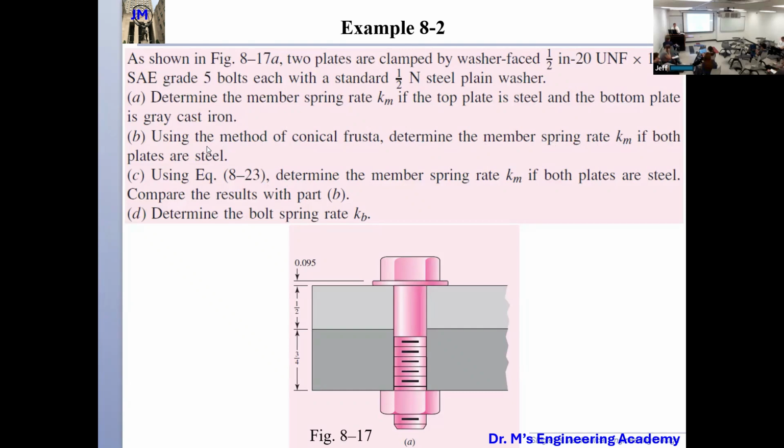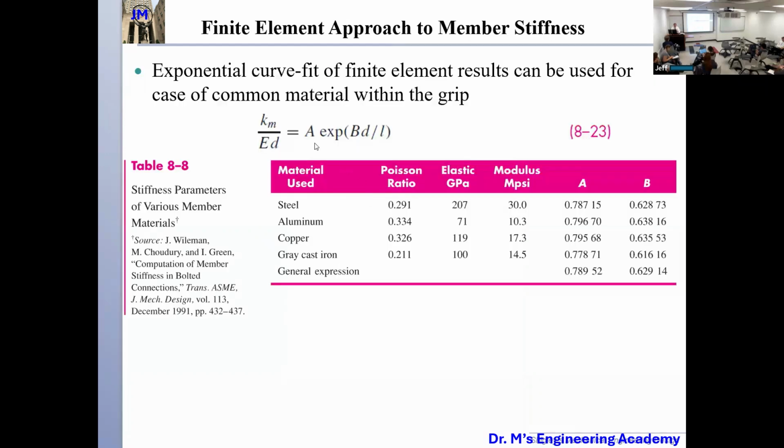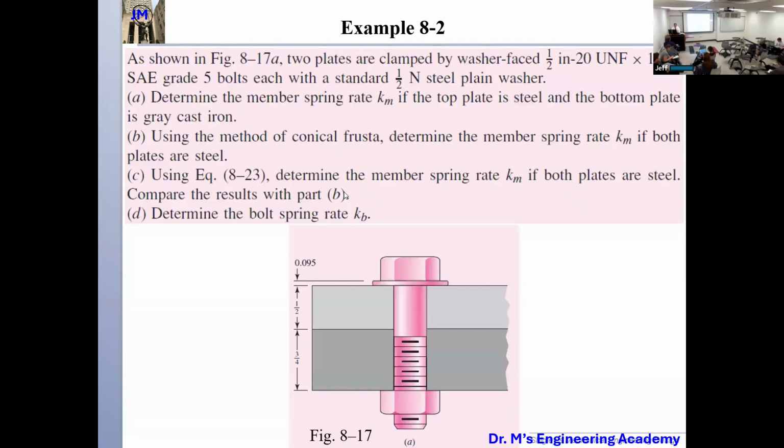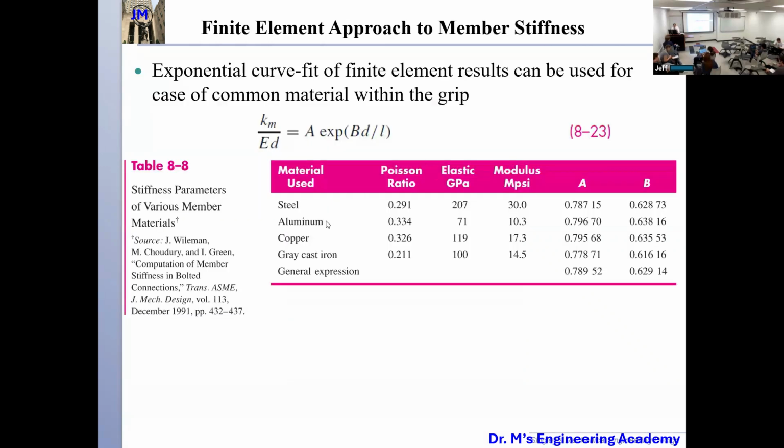If both plates are steel, this is a special case and a simplified version. And then we use this Equation 8-23, which is the empirical one, to determine the member spring rate Km if both plates are steel, and compare the results with part B. So you can see the steel, okay?